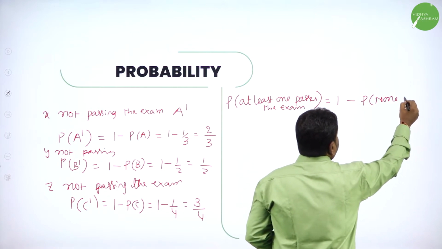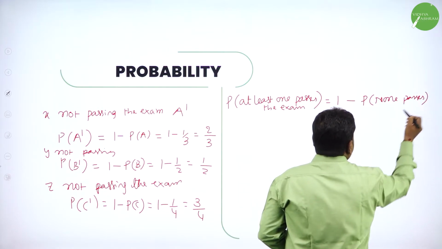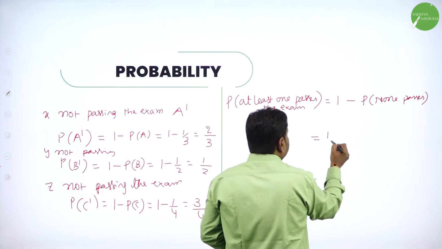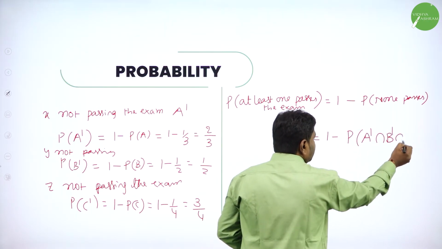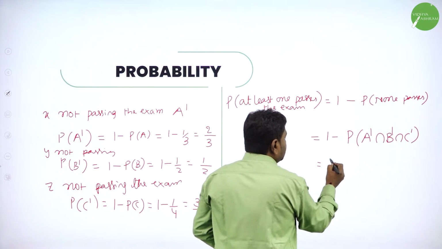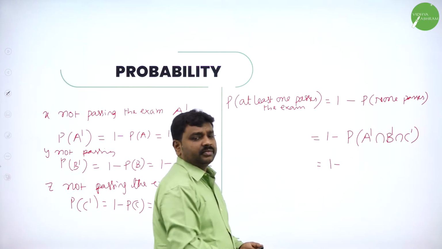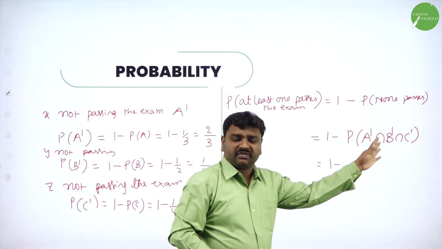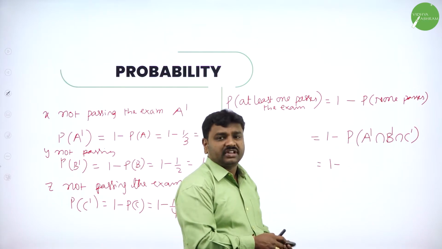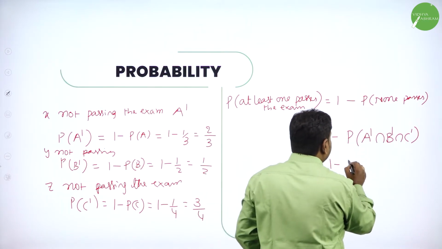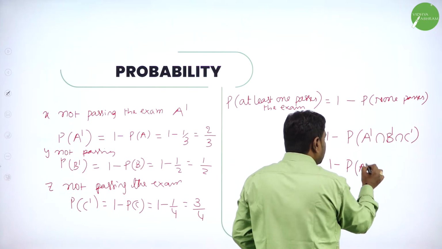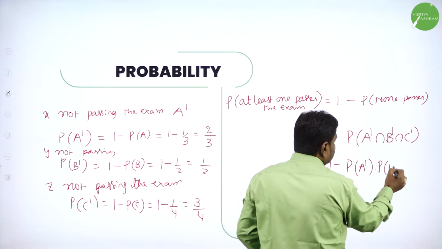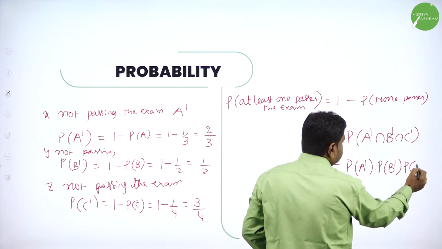No one passes the exam. So here 1 minus P of A not passing and B not passing and C not passing. Here we use the multiplication theorem. A not passing, B not passing and C not passing are independent. When they are independent, P of A dash intersection B dash intersection C dash is P of A dash into P of B dash into P of C dash.